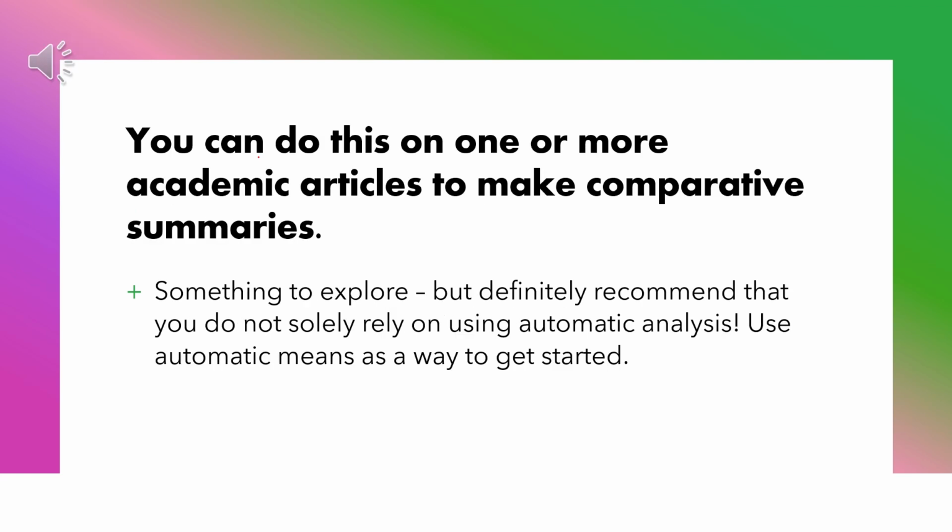So you can make framework matrices if you want to make comparative summaries of a number of academic articles, for instance. It's something to explore. You may not want to solely rely on the automatic analysis, and you can add to it, or you can reject the automatic analysis and go for your own manual analysis as you manually create a framework matrix.